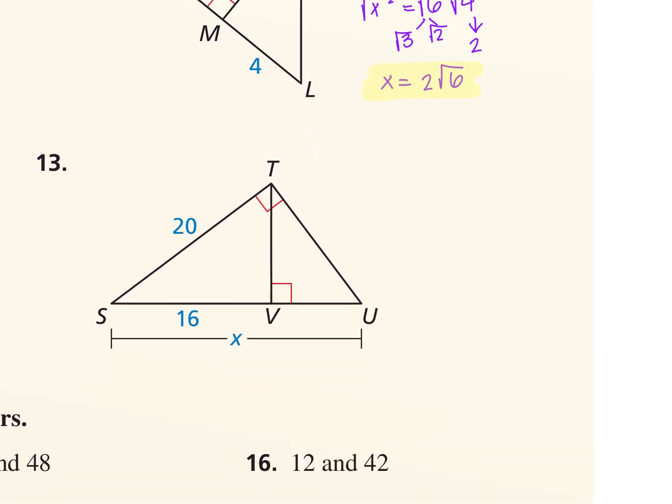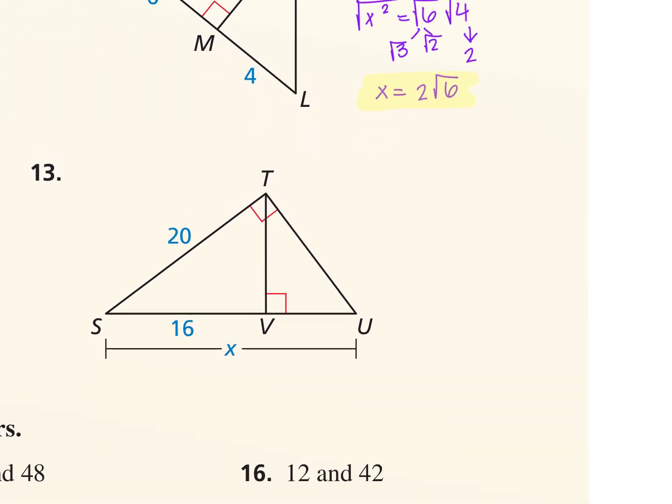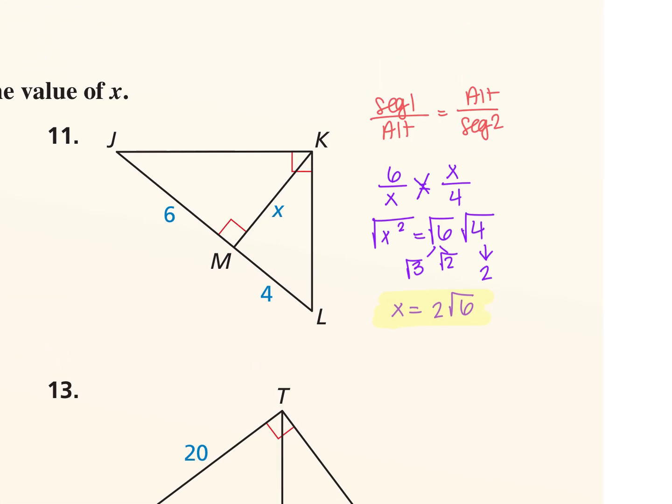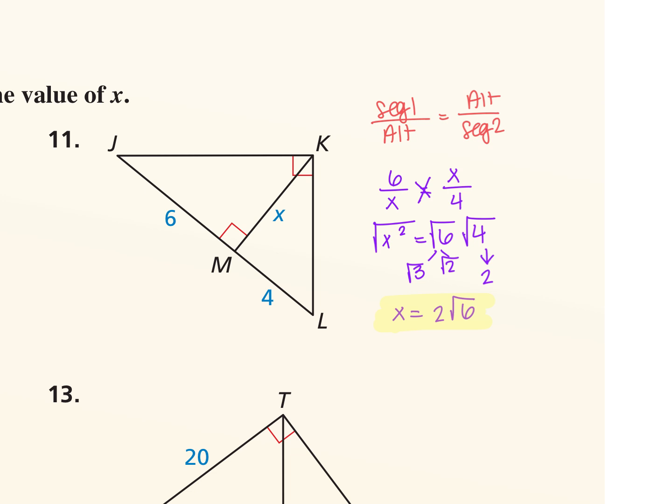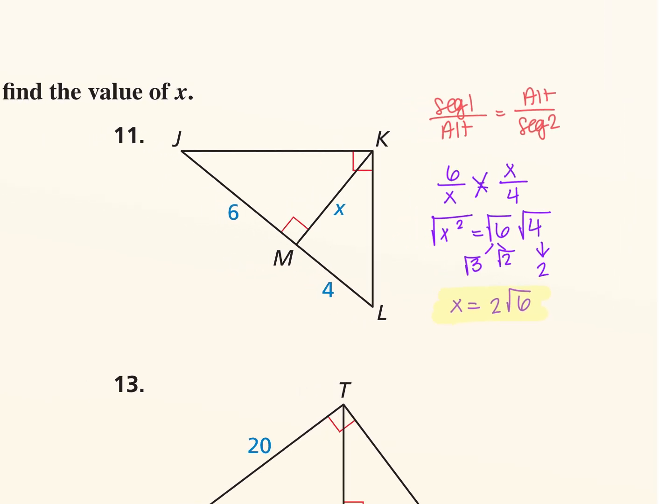All right, looking at number 13. Oh, you know what? We didn't identify the similar triangles. Let's go ahead and identify the similar triangles. So identifying my similar triangles, if it helps, draw it out. I'm going to do my large triangle first.